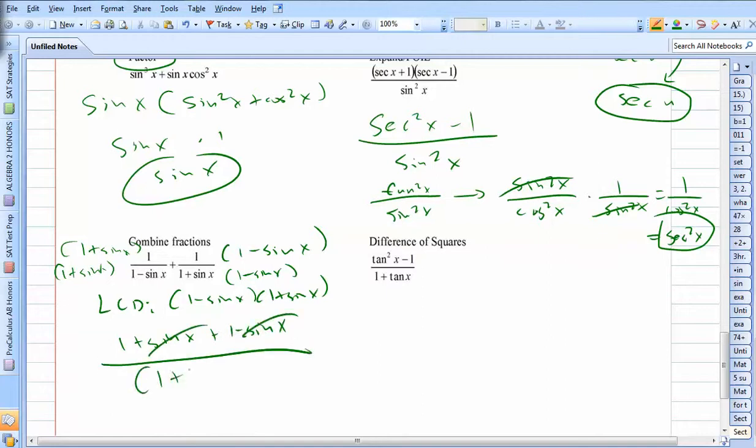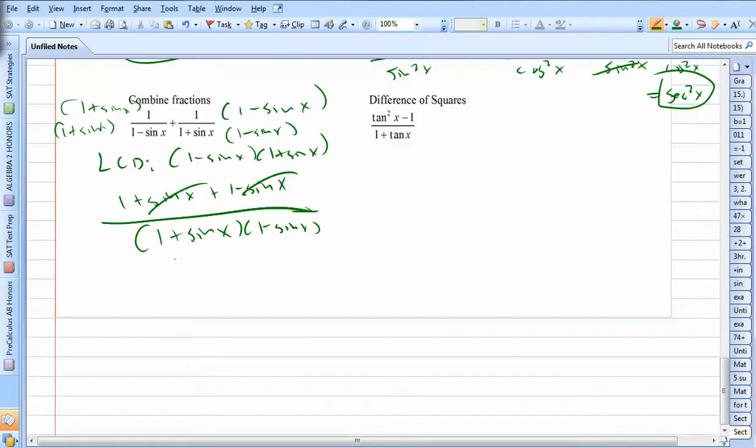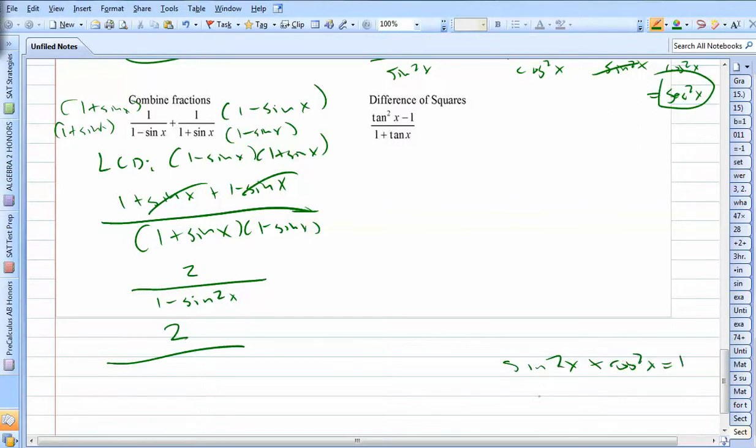Of course, in the bottom we have this. So you end up getting 2 over 1 minus sine squared x. Well, remember, sine squared x plus cosine squared x equals 1. So cosine squared x equals 1 minus sine squared x. So we can substitute and write it as 2 secant squared x.